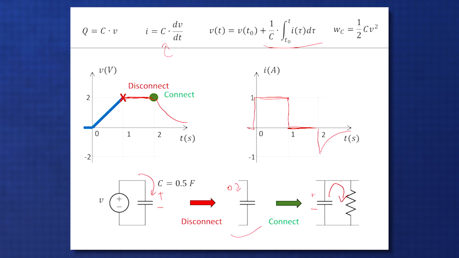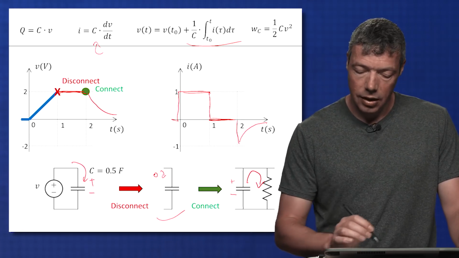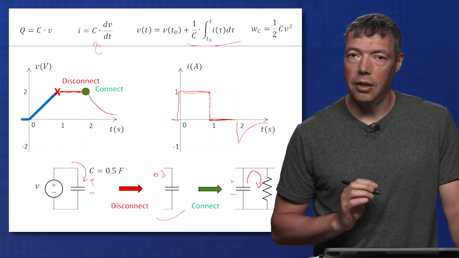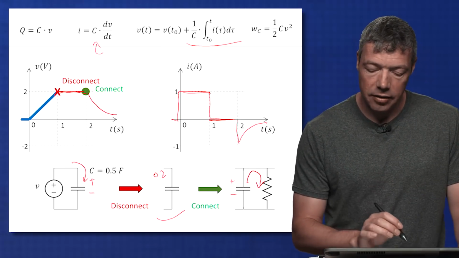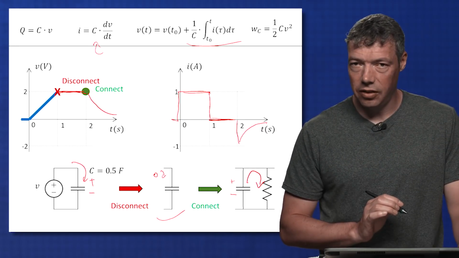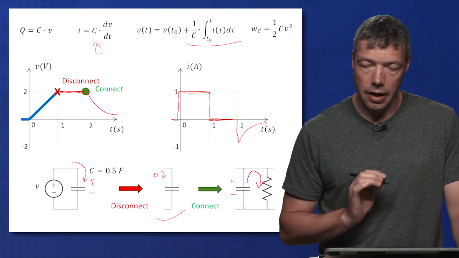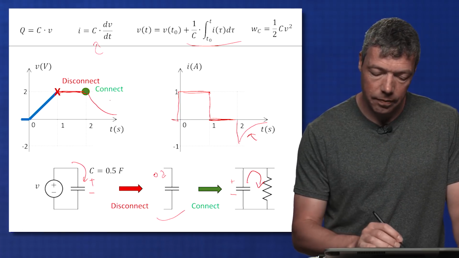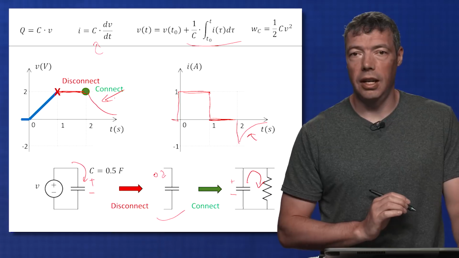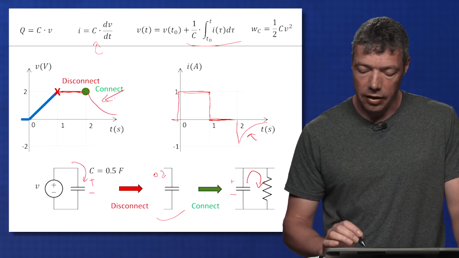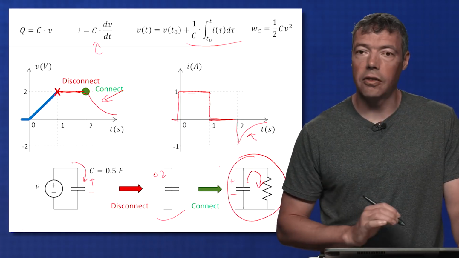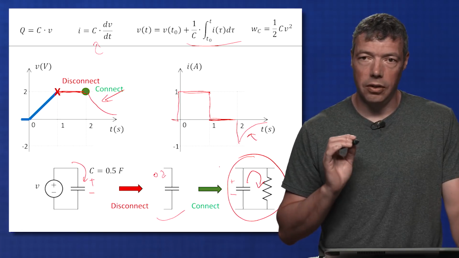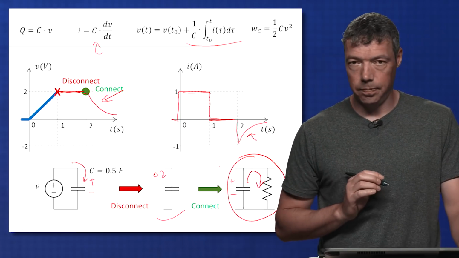So this is a negative current. And so this corresponds to the capacitor being discharged. Now, the exact shape of this curve when it's discharging, we will discuss in a later video when we are actually going to analyze these kinds of circuits with capacitors and resistors.